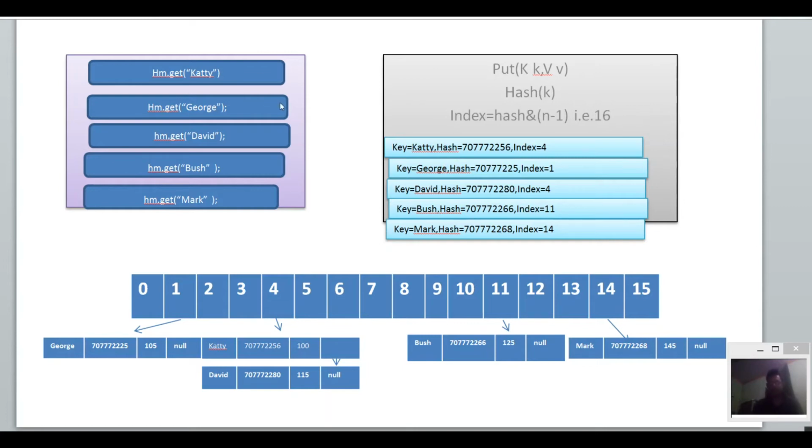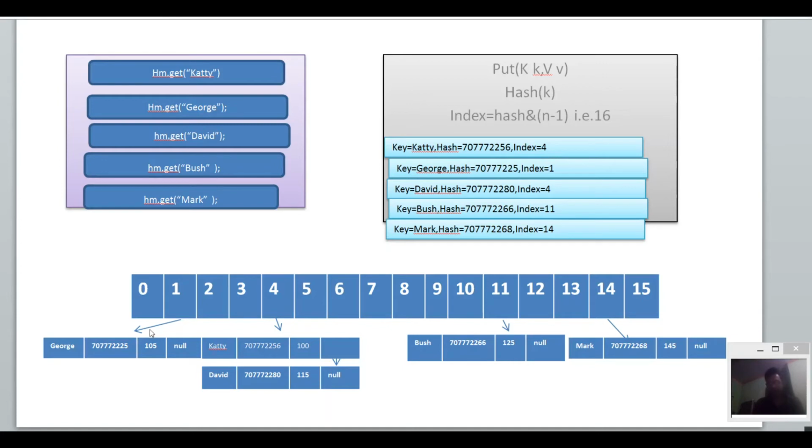In the same way we pass the key as George, key.hashcode will be called and that result will be passed into the hash function as a parameter. After the bitwise operation, we receive the hash as 7077772225 and index as 1.